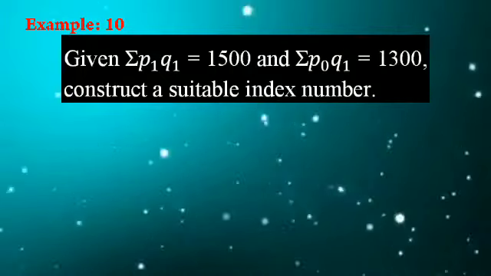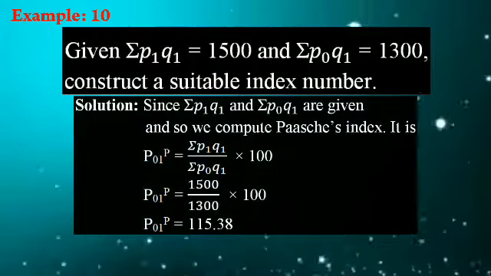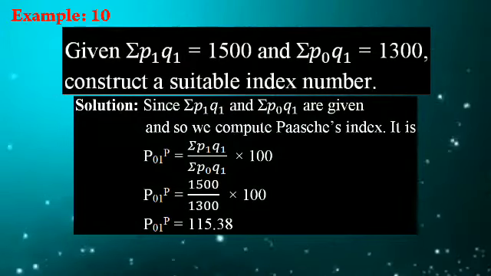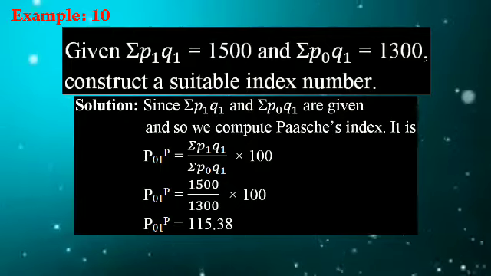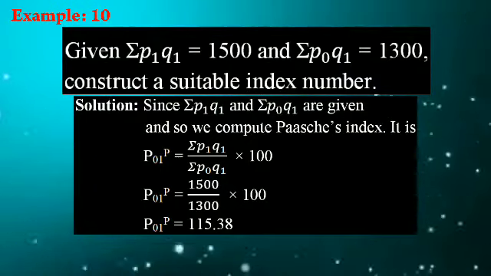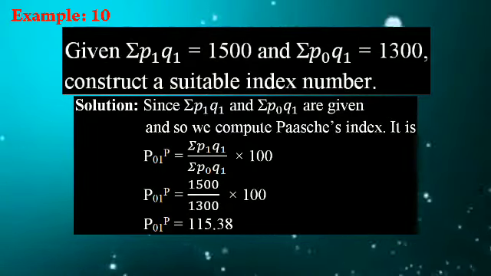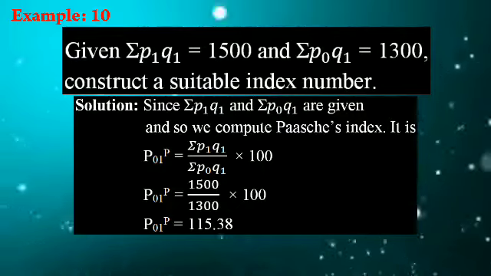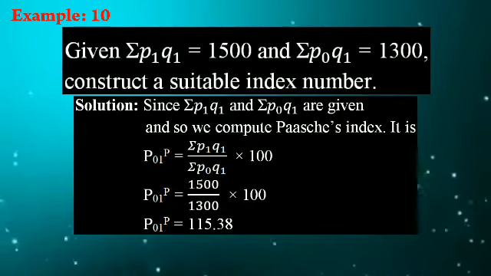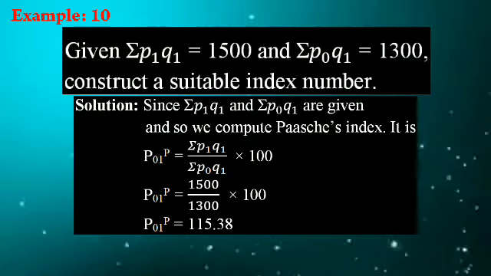Now here in the solution part, since sigma p1 q1 and sigma p0 q1 are given, we compute the Paasche's price index number, which is given by the formula P01 of P equal to sigma p1 q1 divided by sigma p0 q1, multiplied by 100.